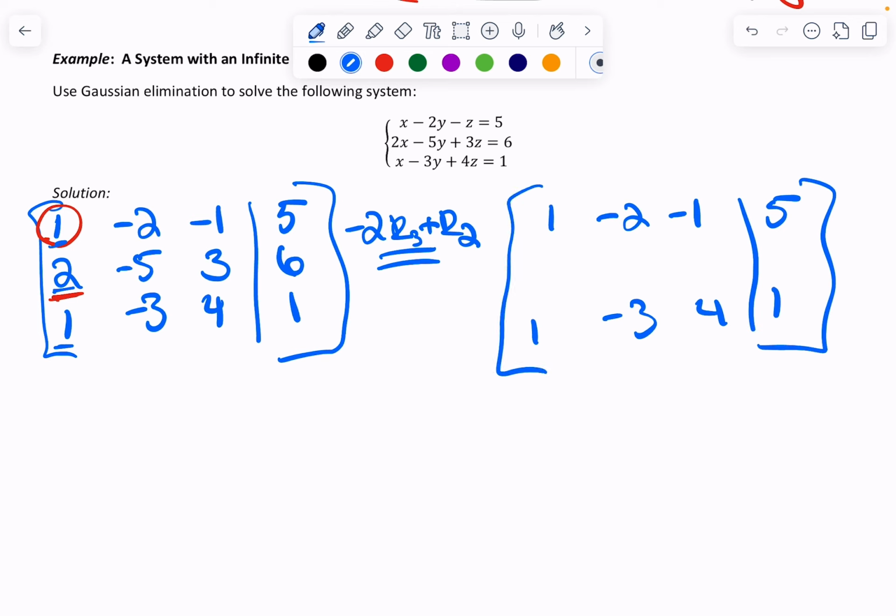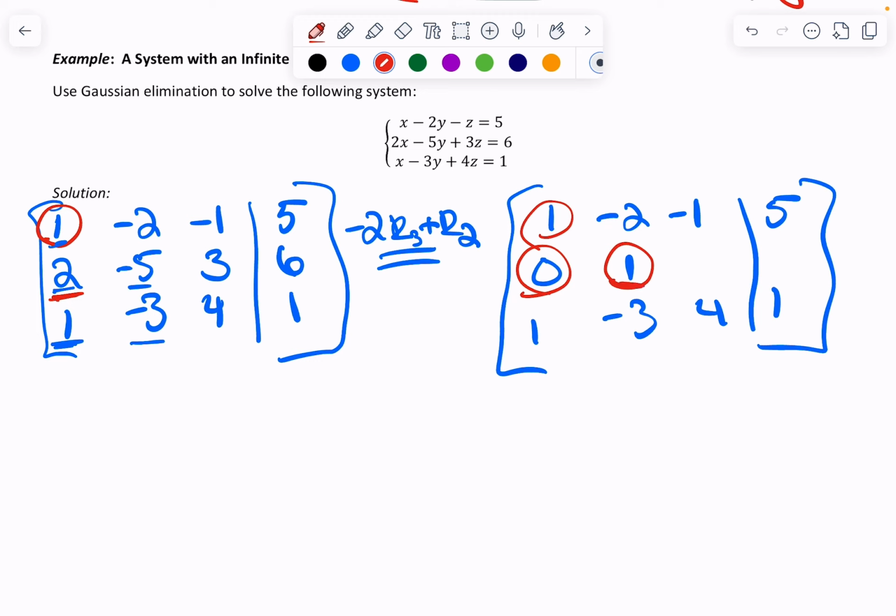So negative 2 times 1 is a negative 2 plus 2. We get a 0 that we wanted. Negative 2 times negative 3 is a positive 6 minus 5. That gives us a 1. So this is why we actually used row 3 and not row 1 because we get the 1 from here.